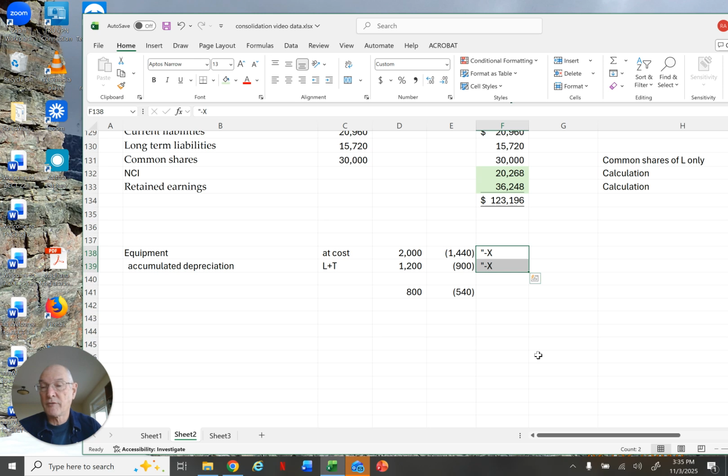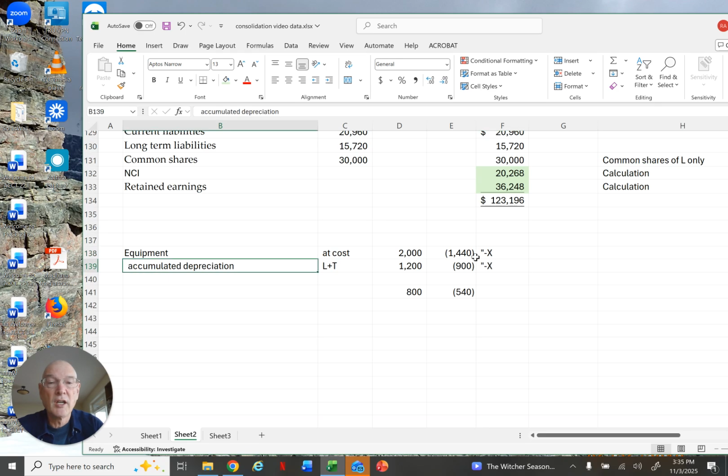And the book value, of course, is cost less accumulated depreciation. So we're essentially taking over this equipment at book value plus or minus any fair value increase or decrease. So for both equipment and accumulated depreciation, this is minus your subsidiary's accumulated depreciation at acquisition.